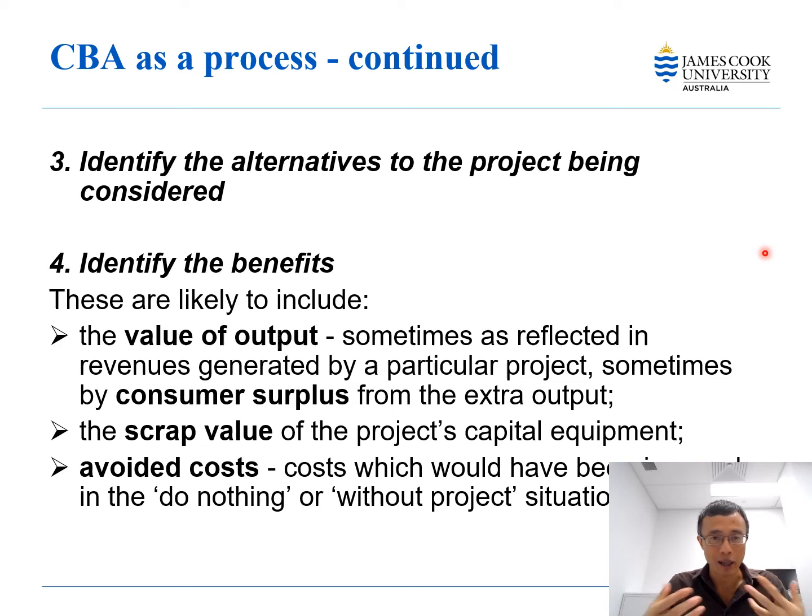So it's a benefit. Benefits can include avoided costs, costs that would have been paid in the do-nothing, without-the-project scenarios. Then you have to account for this avoided cost as benefits. These avoided costs are due to this project, incremental to the society.